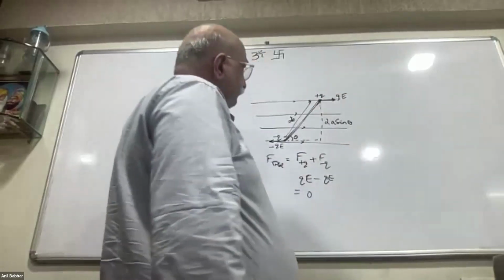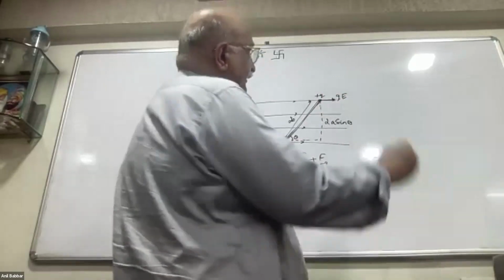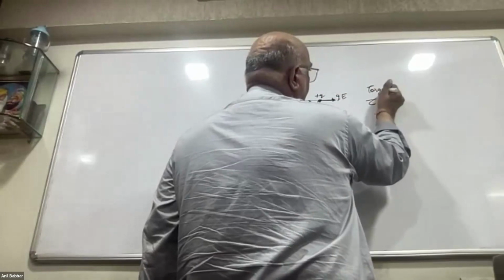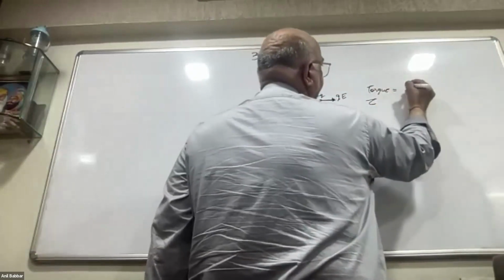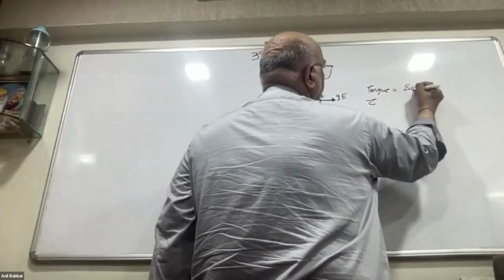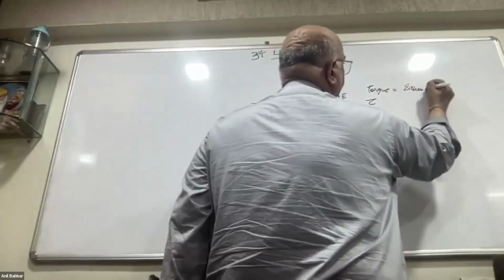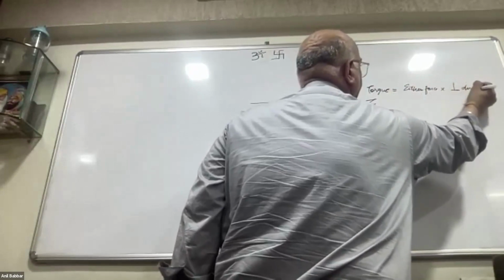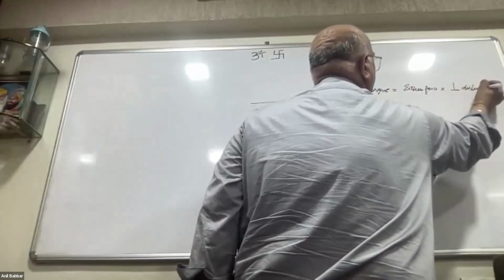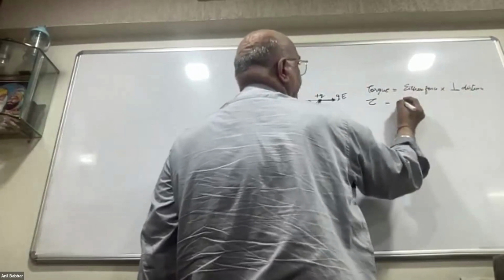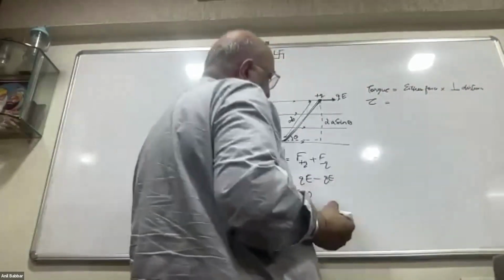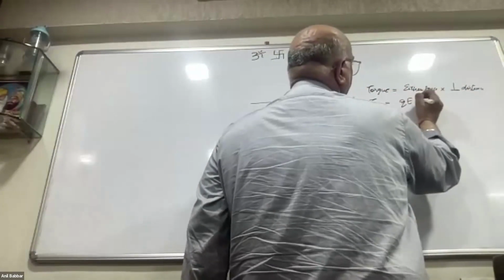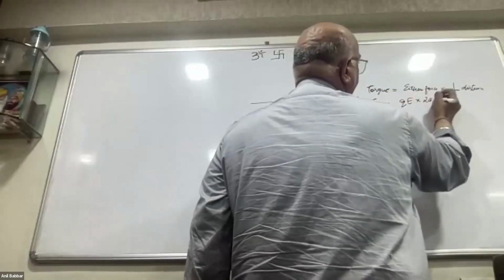Now, torque, this is tau, is equal to either force into the perpendicular distance. Either force means we may take qE, into the perpendicular distance, 2a sine theta.